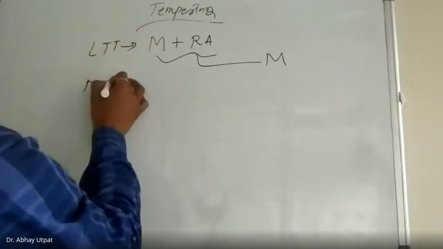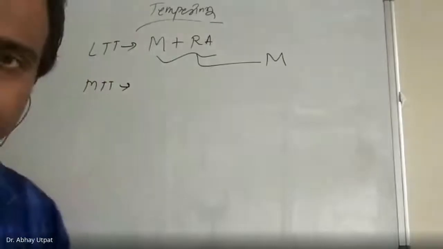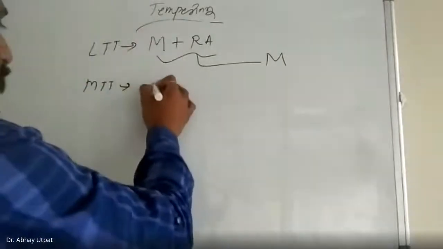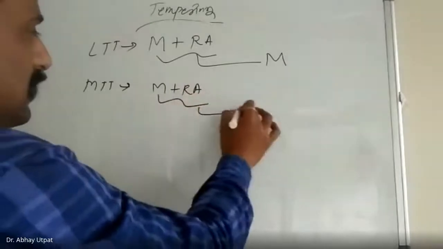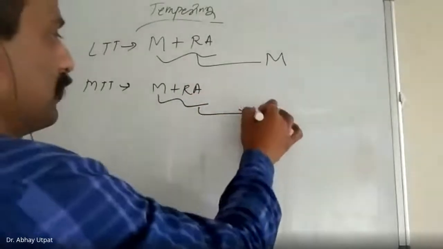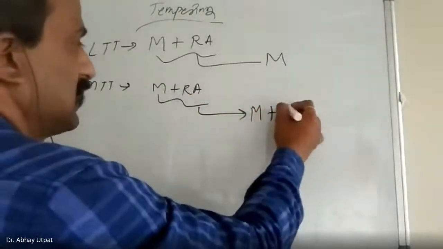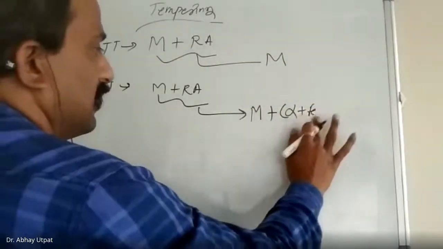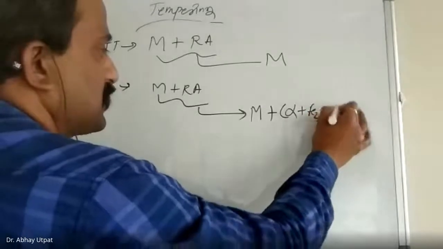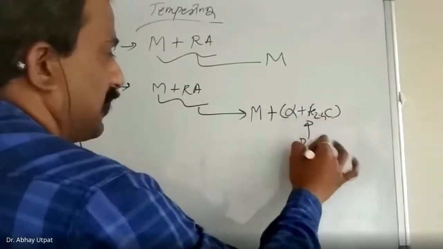What happens in medium temperature tempering? Your martensite plus retained austenite is converted into martensite plus alpha plus Fe2.4C. This is bainite.